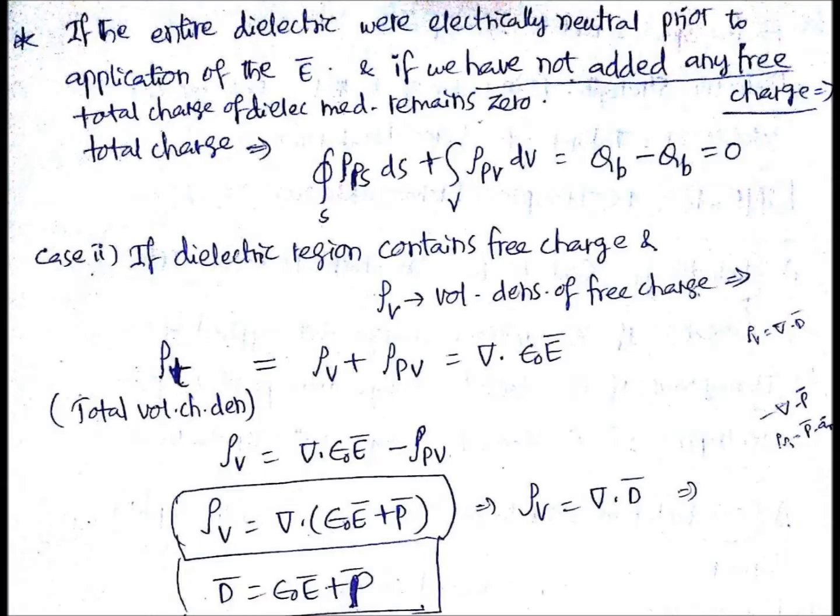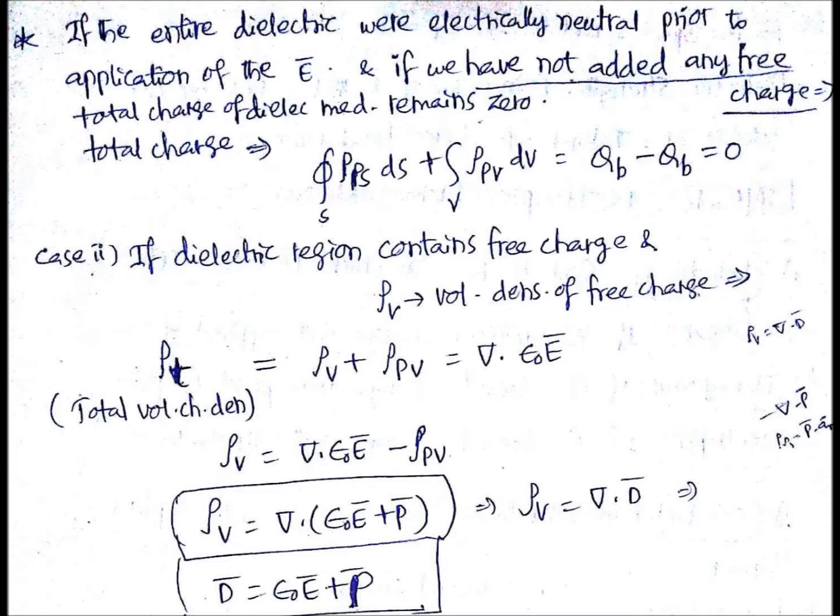Consider that the entire dielectric is electrically neutral prior to application of the electric field, that means there is no charge present prior to the application of E bar, and you have not added any free charge. This is important. Then the total charge of the dielectric medium remains 0.